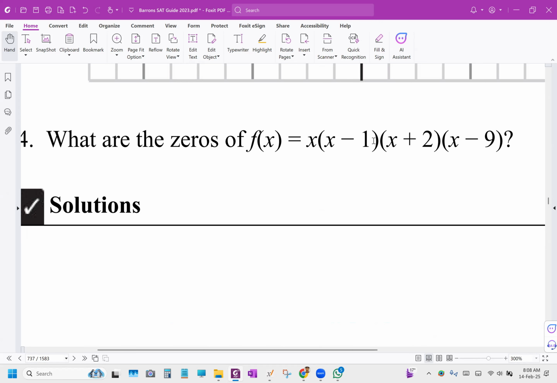You just need to keep the parentheses like this, you don't need to get rid of them.